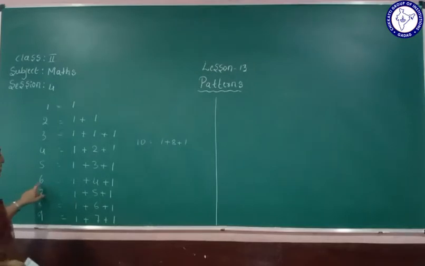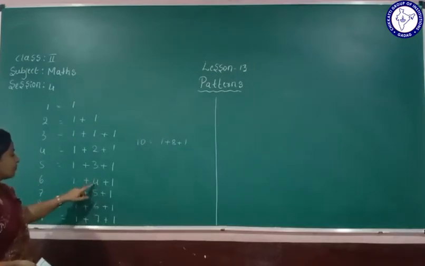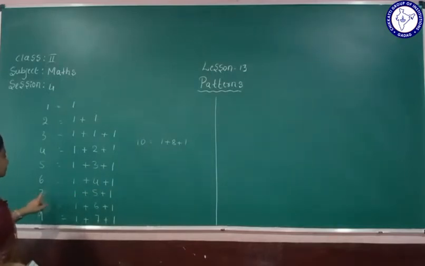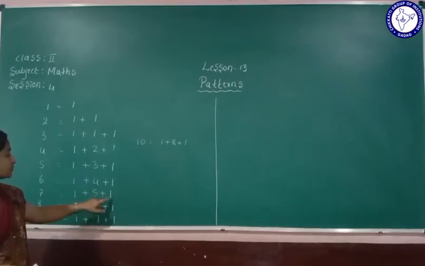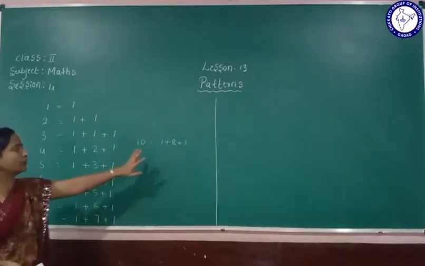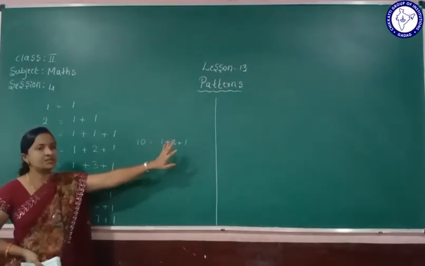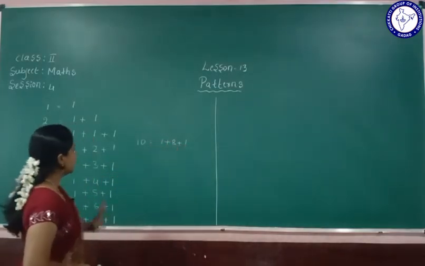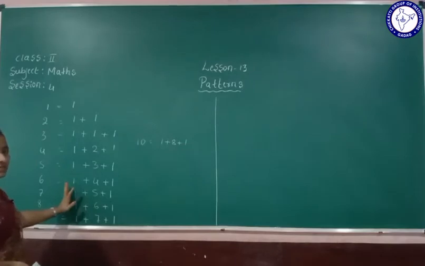Same as 6, 1 plus 4 is 5, 5 plus 1 is 6. For 7, 1 plus 5 is 6, 6 plus 1 is 7. Same way up to 1 plus 8 plus 1. 8 plus 1 is 9, 9 plus 1 is 10. This is a pattern.